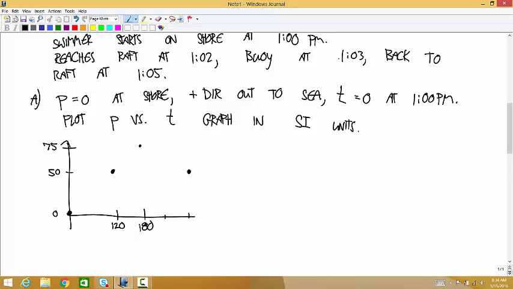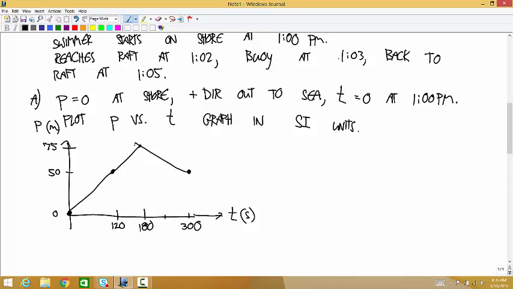So that's what, 300? This is time in seconds. This is position in meters. And so we don't know exactly what is happening in between those points, but we know those points are like this. Okay.